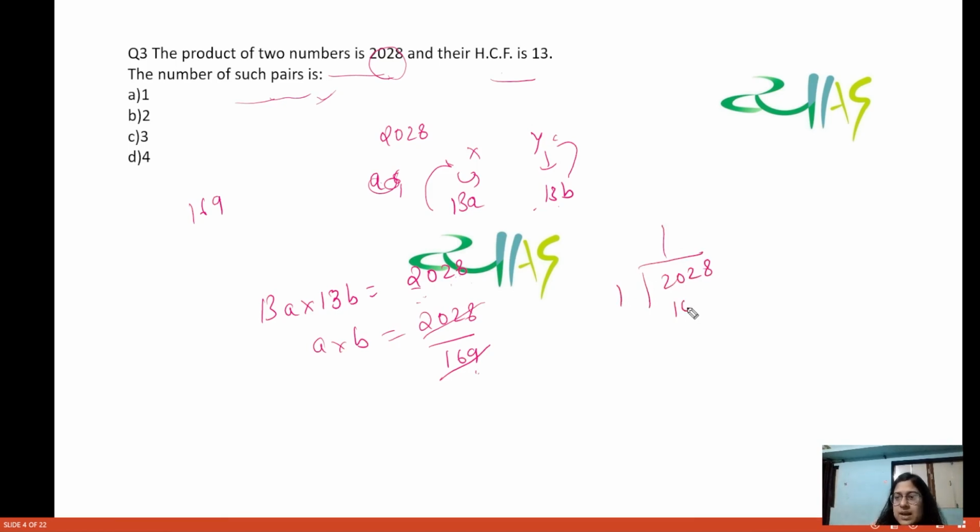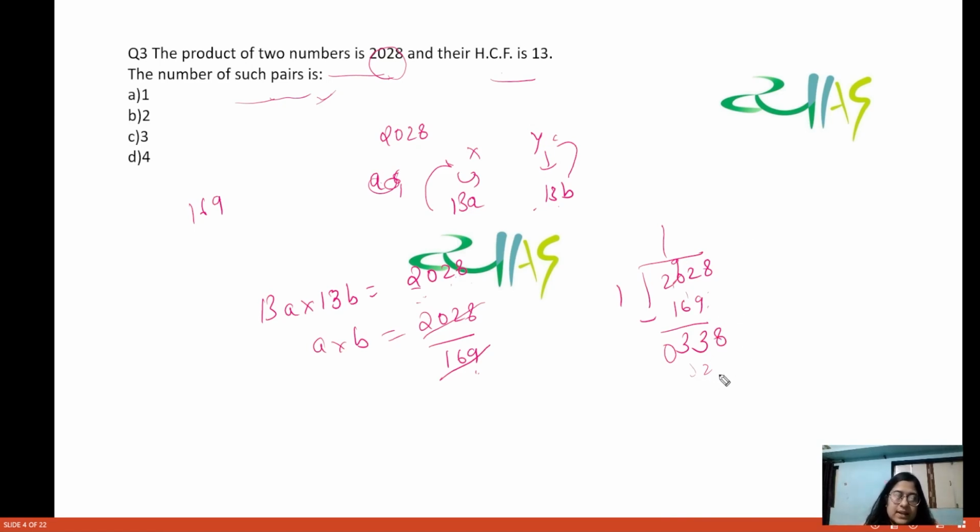So this becomes 169, because 2 times it will not go, and then this will become 3. This will become 9. This will again become 3. And this will become 0. So I hope everybody is clear with this concept. You have 338.